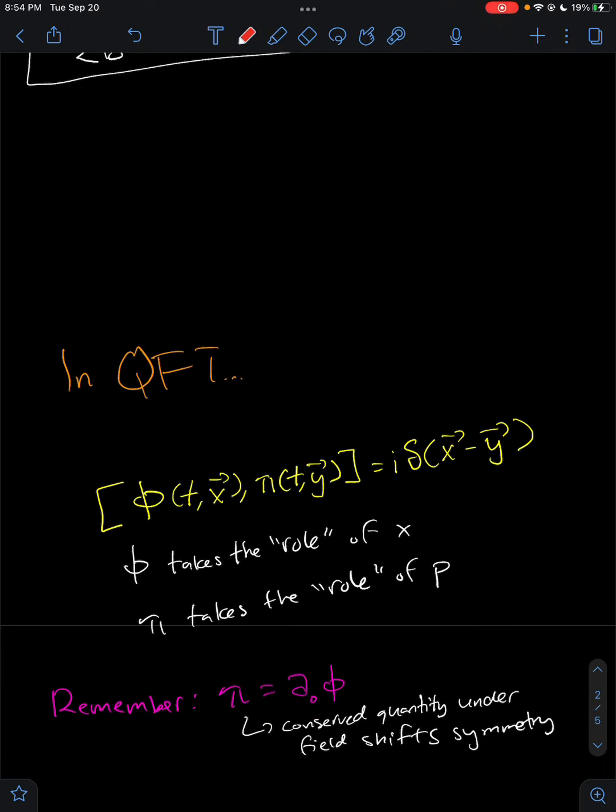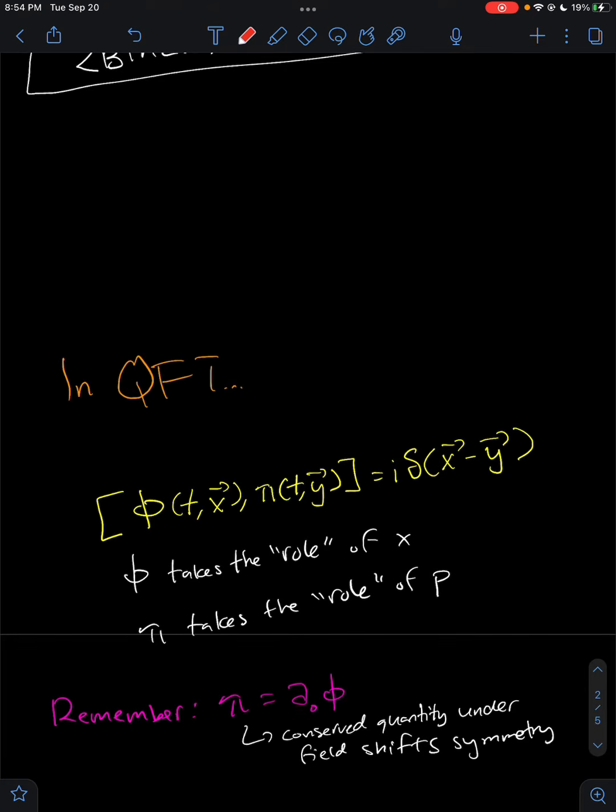We call this pi field the field momentum conjugate because it's a conserved quantity when we have a field shift symmetry of the Lagrangian. That's kind of like how momentum is a conserved quantity when we have a spatial translation symmetry. So the field shift is very similar to how momentum acts in quantum mechanics and classical mechanics.